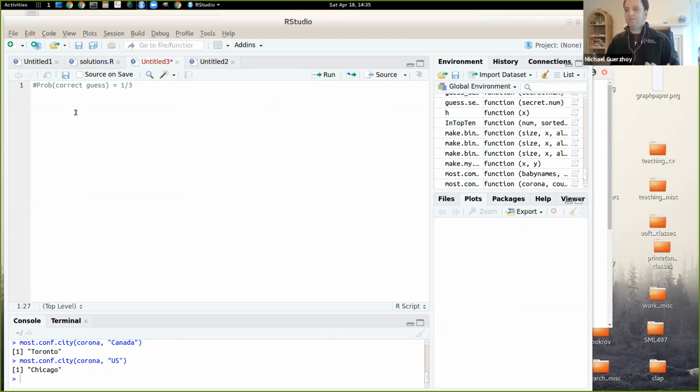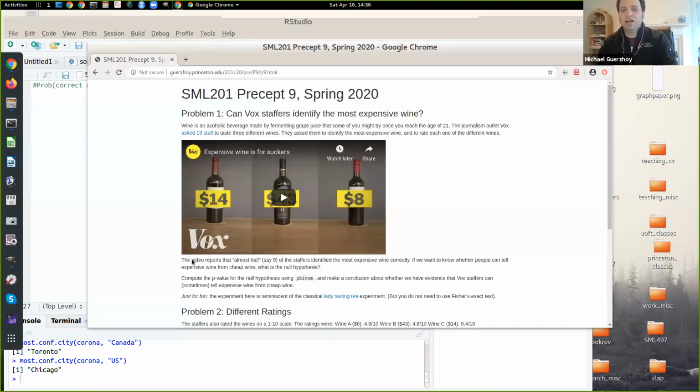So this is like flipping a biased coin, which has a probability of 1/3 of coming up heads, where heads corresponds to a correct guess. Now we want to compute the p-value of the null hypothesis using p-binom and make a conclusion about that.